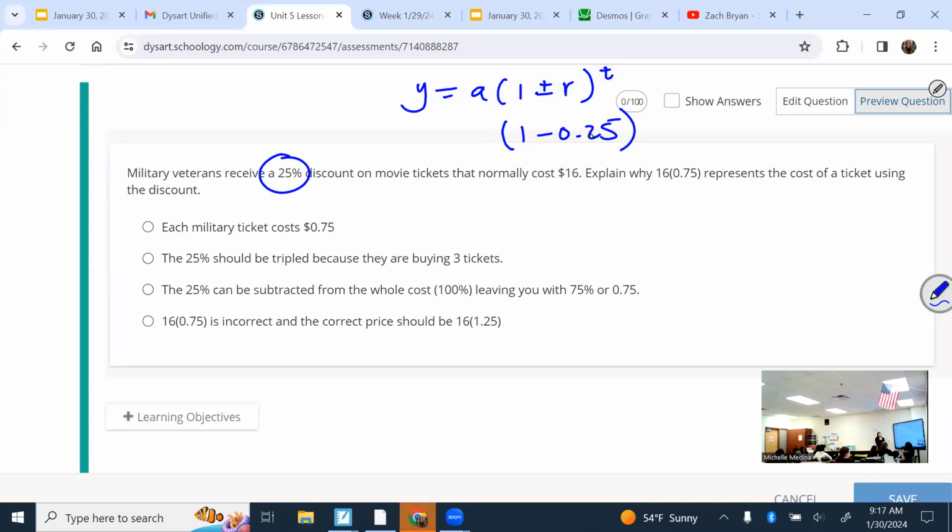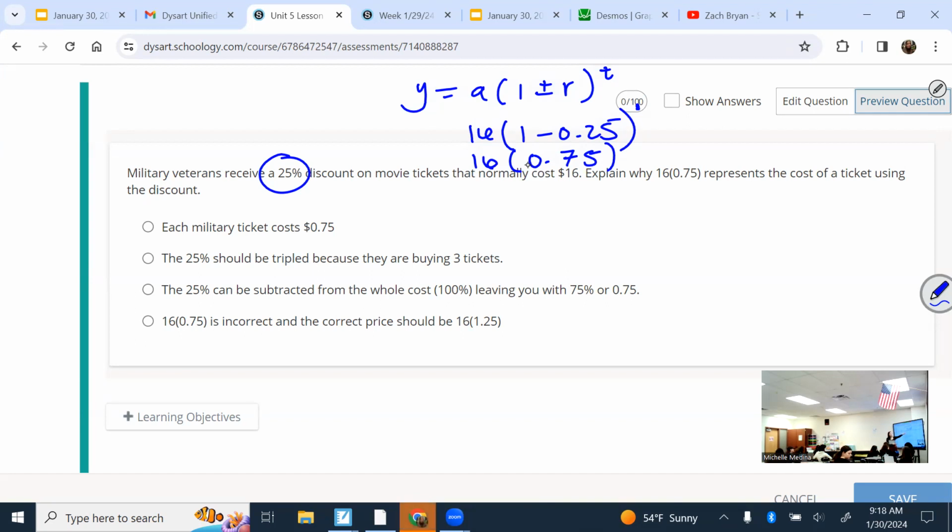I think lately we just leave it like that because the calculator will read it the same anyway. 16 is the A, and we're only applying the discount once, so my exponent would be 1. But you have to start getting used to also seeing this. What's 1 minus 0.25? 0.75. We have to also start getting used to seeing it like this, where they already subtracted or already added. This is still the same.